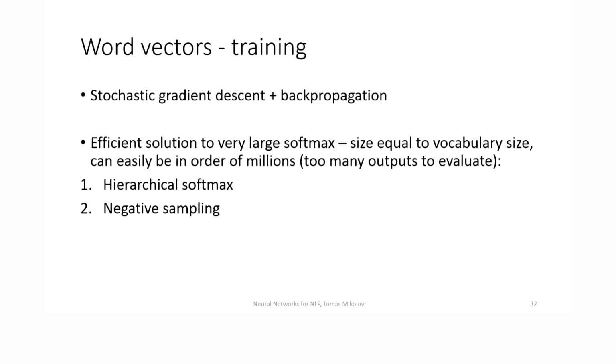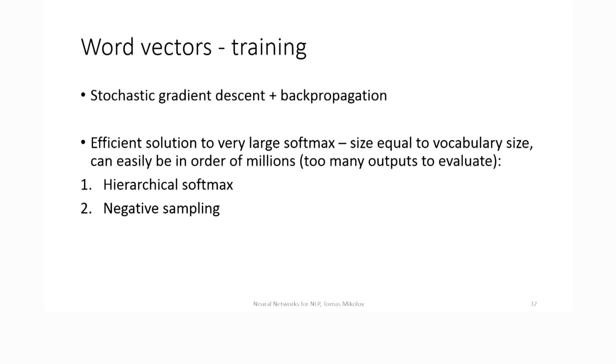Then, as I said, there needs to be some solution for the large softmax layer at the output, which encodes the probability distribution over all possible next words, which you can imagine can be easily hundreds of thousands or even millions of outputs. So in practice, we do not want to evaluate this huge number of possible future words given the history.